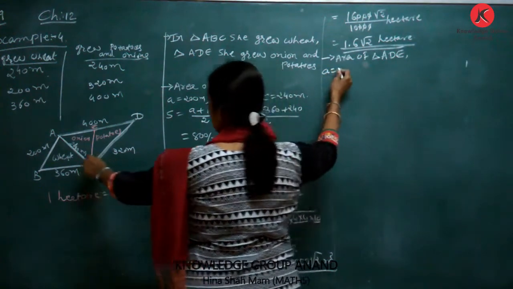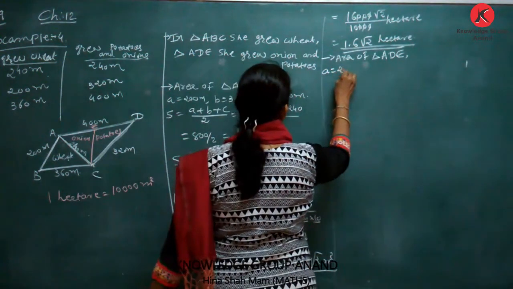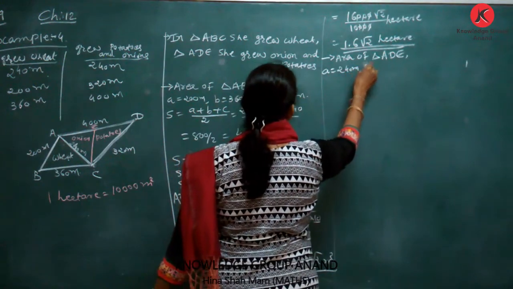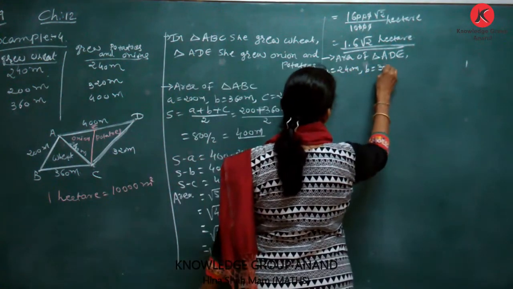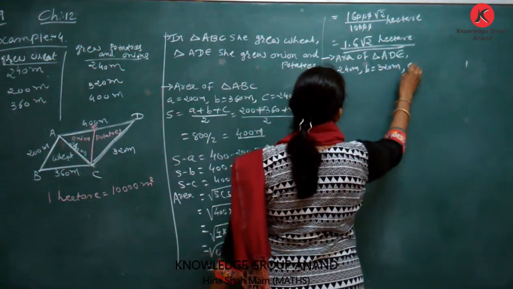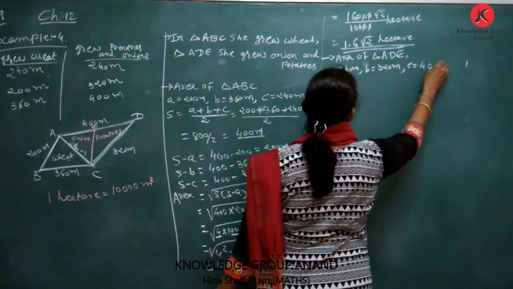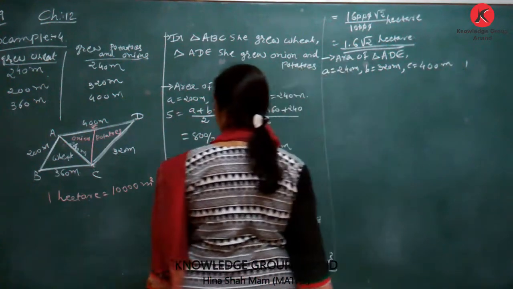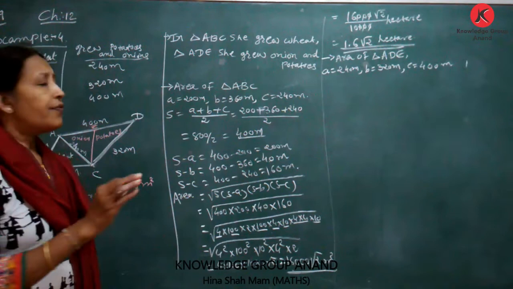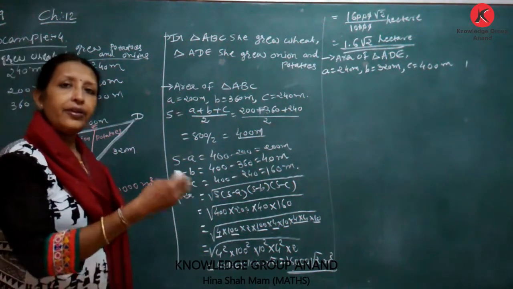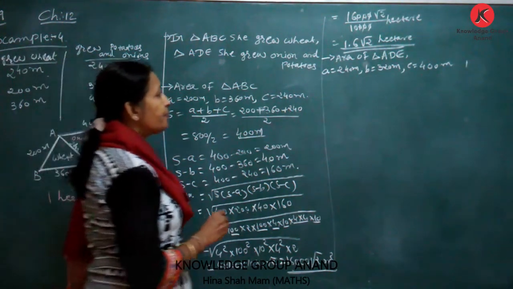Now the sides: A equals to 240 meter, B is equals to 320 meter, and C is equals to 400 meter. Then divide into two parts for onion and potatoes, equal parts.